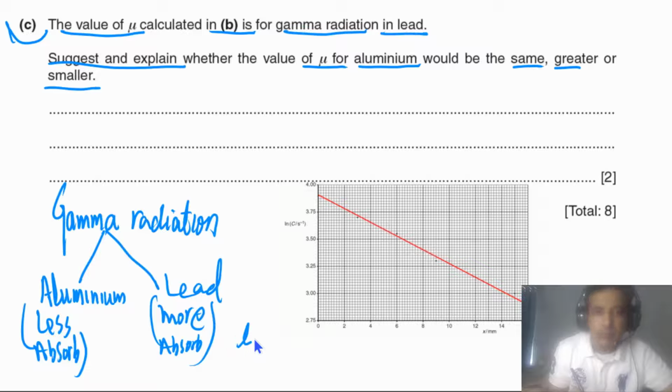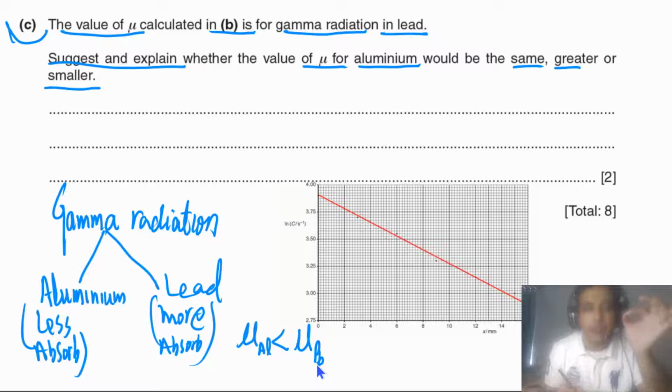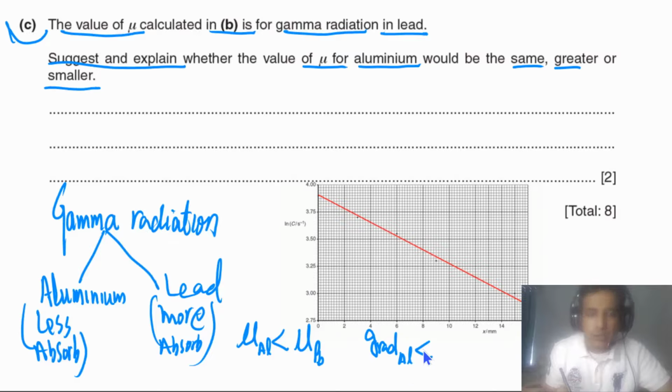So mu for aluminium has to be smaller compared with mu for lead, Pb. If mu is smaller, it means the gradient for aluminium also has to be shallower compared with the gradient for lead.